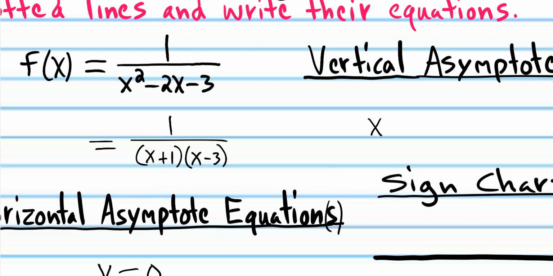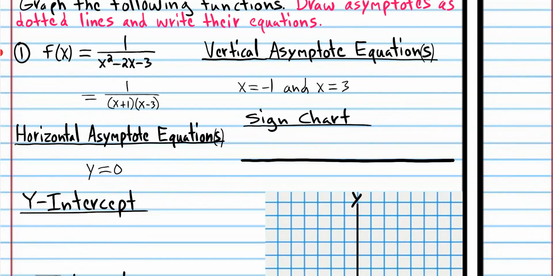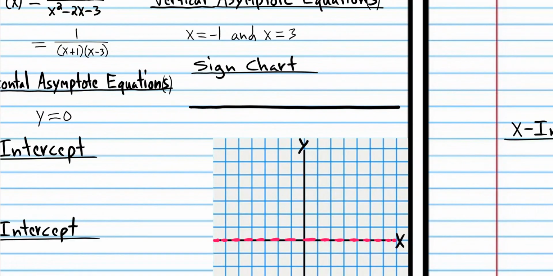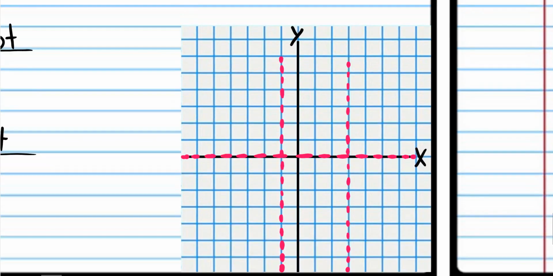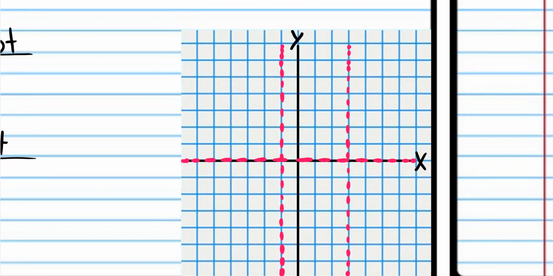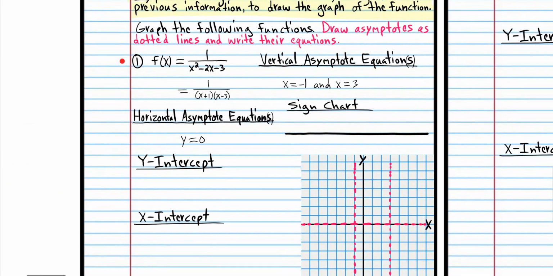And so those x values are the locations of vertical asymptotes. So that's very useful information. So I'm going to go ahead and graph those vertical asymptotes, -1 and 3. Okay, and so now we're done drawing the asymptotes.